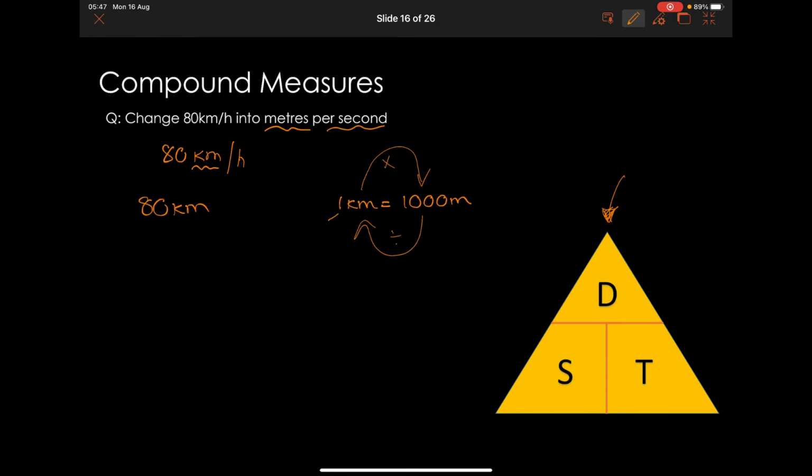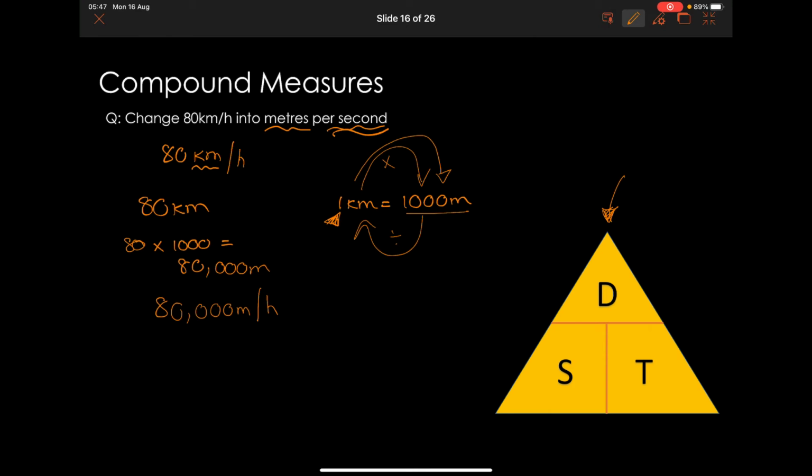Going from kilometers, I take my 80 and times that by my conversion rate, which is 1,000, to give me 80,000 meters. Now, all I've done so far is change my kilometers. I've still got 80,000 meters per hour. What I want to do is turn that into per second.